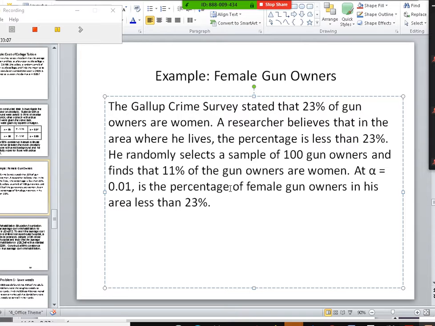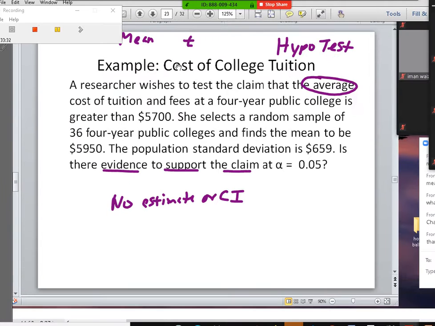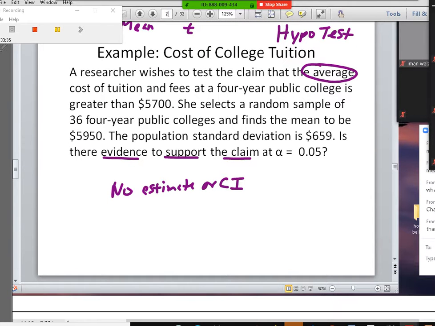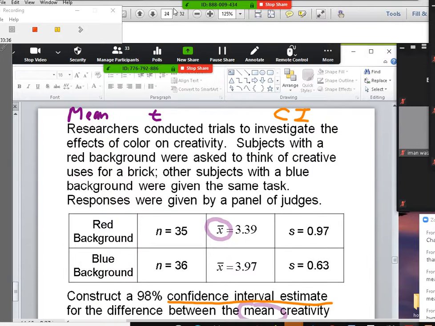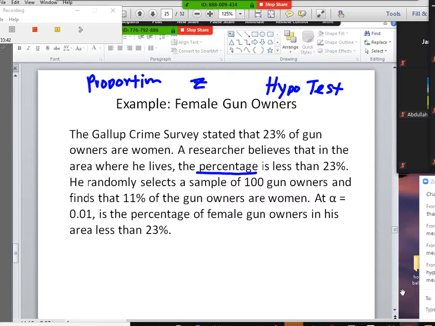And this is a question. It should have had a question mark, that was a typo. So this is totally a hypothesis test. All right, next one.